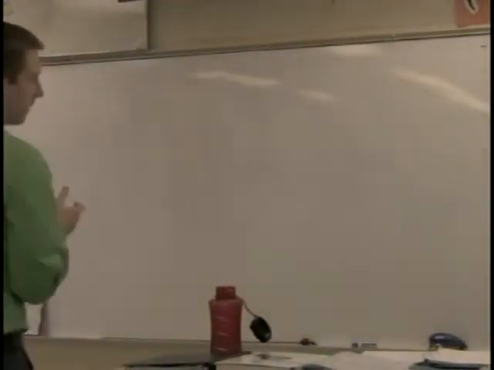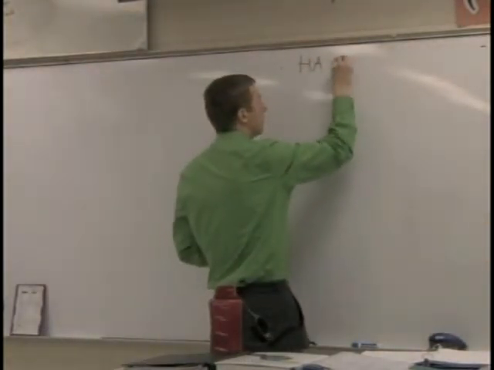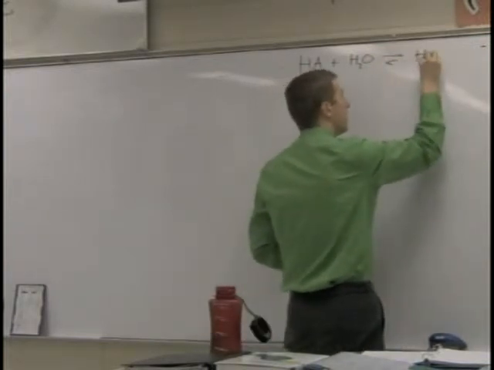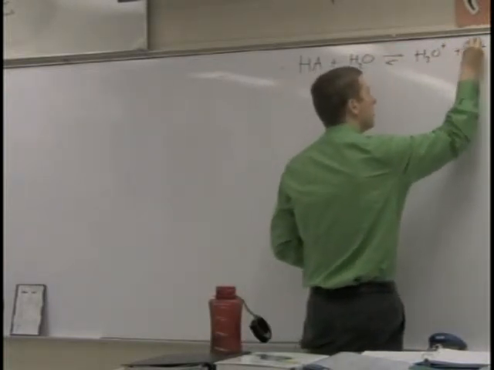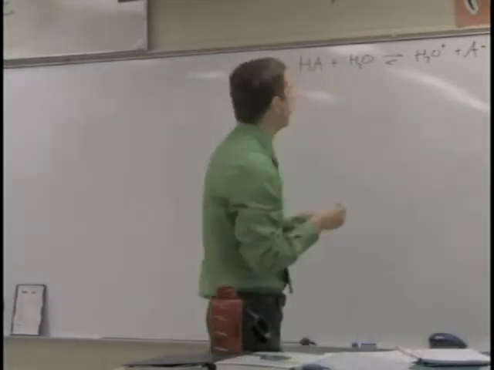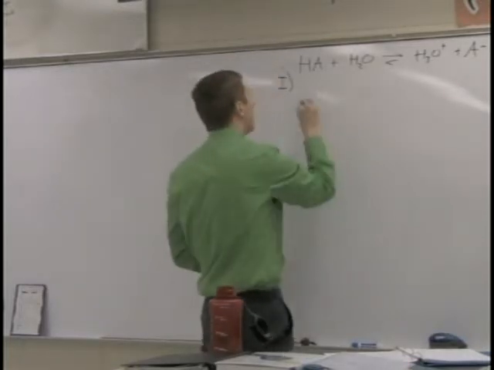I usually like to start with just the generic equation of here's my acid plus water. It's a weak acid. It's going to make hydronium and A minus. Initially, I'm given 0.122.